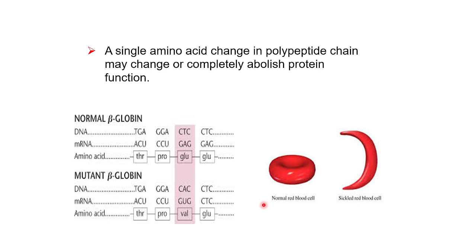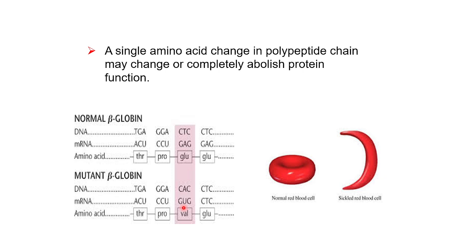For example, take a natural mutation where one A is exchanged with a U. So GAG is exchanged with GUG, and GAG codes for glutamic acid, and GUG codes for valine.